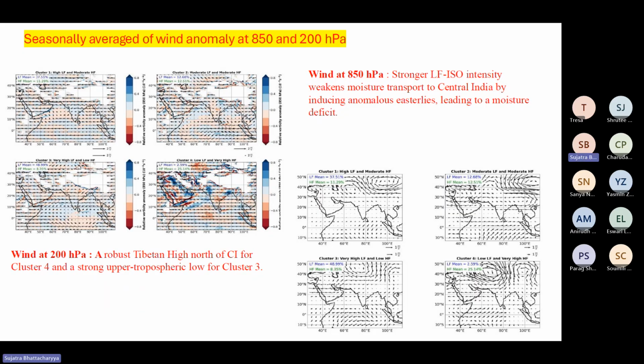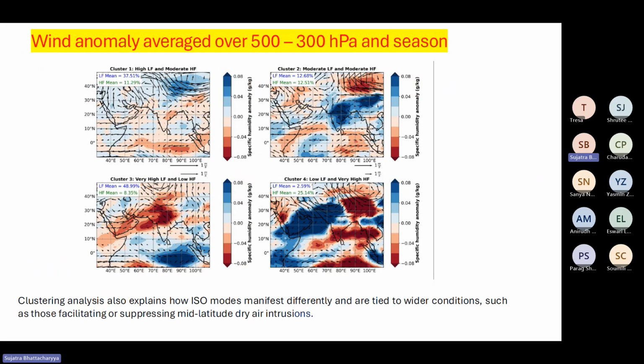If we look at the next one, this is the wind anomaly averaged over 500 to 300, and in shading is specific humidity. Clearly we can see the wind is towards the northwest, which acts as a barrier to the mid-latitude intrusion, also the drier intrusion. Again, one reason why there is higher rainfall.